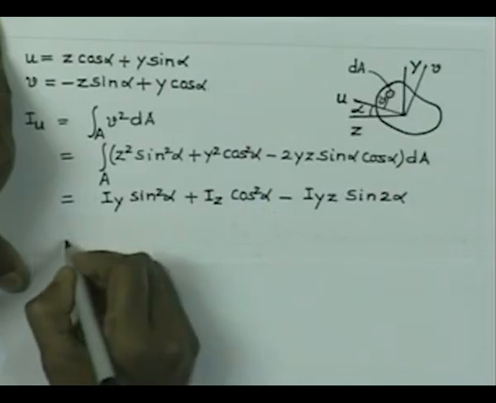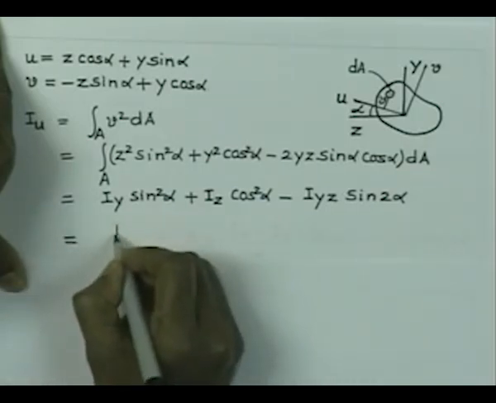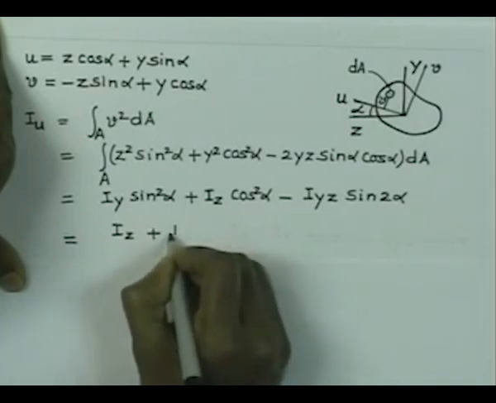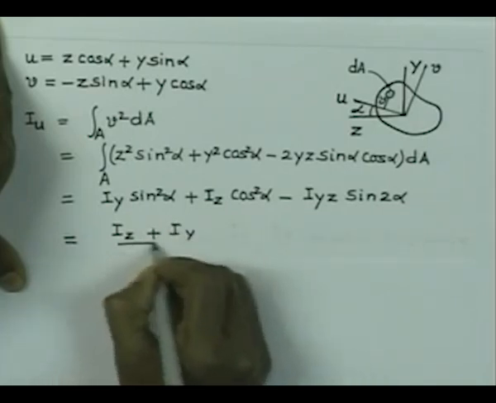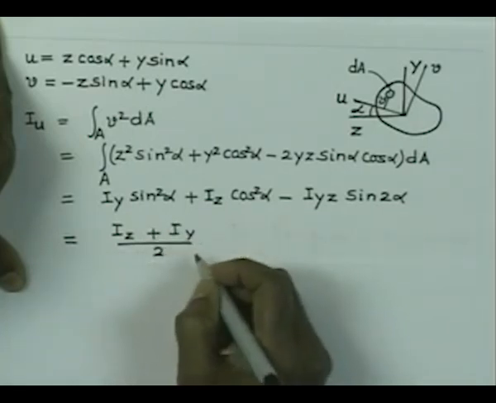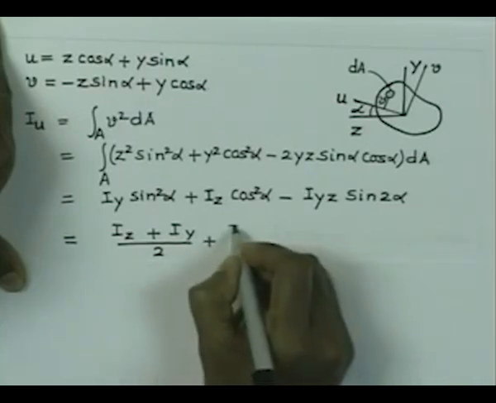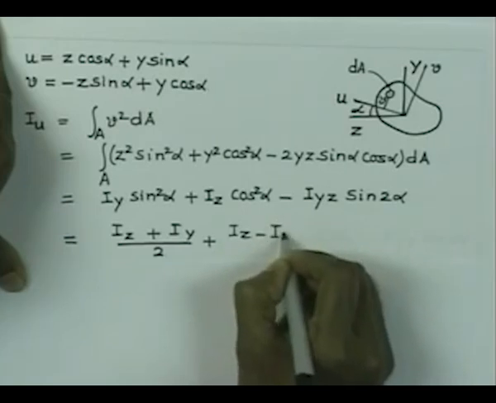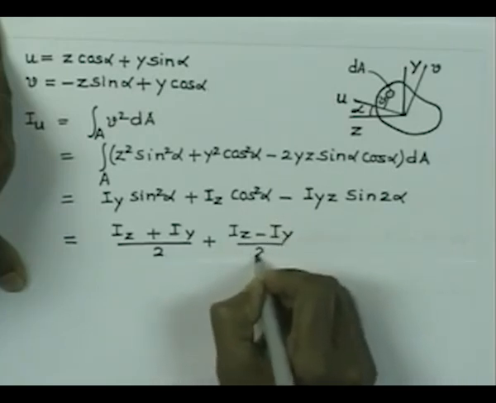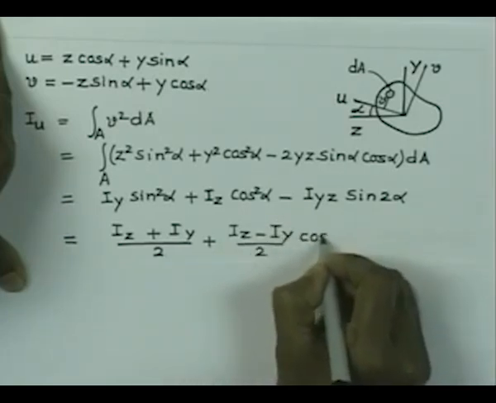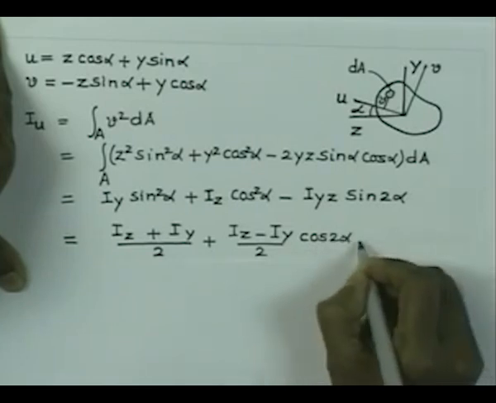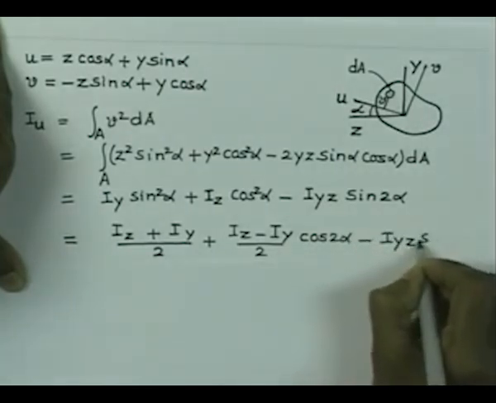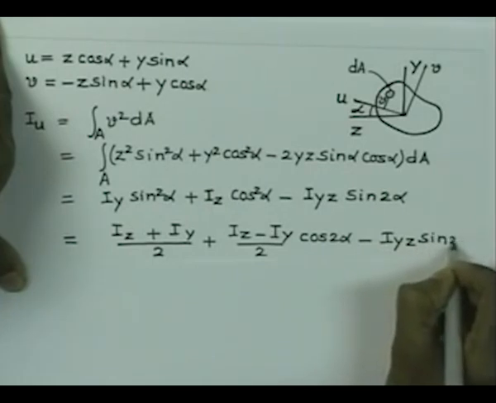By using that, we can rewrite the above expression as (Iz plus Iy) by 2 plus (Iz minus Iy) by 2 cosine 2 alpha minus Iyz sin 2 alpha.